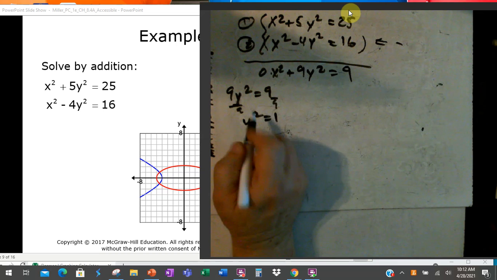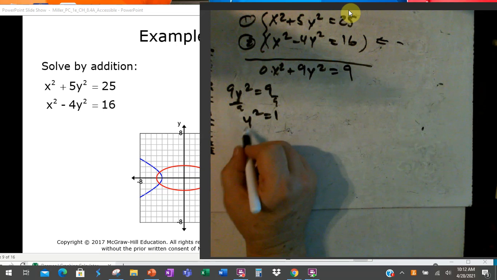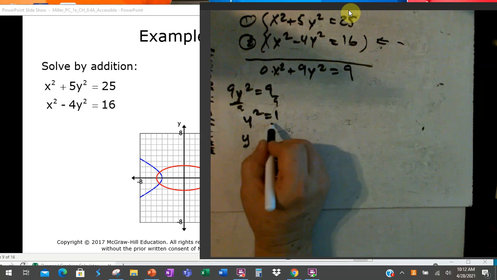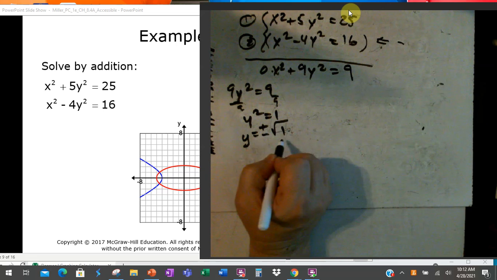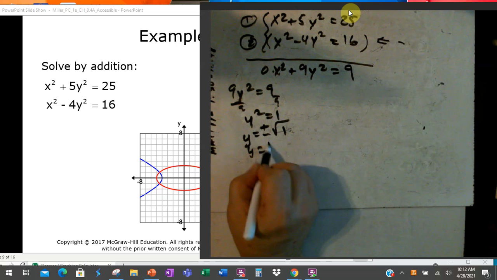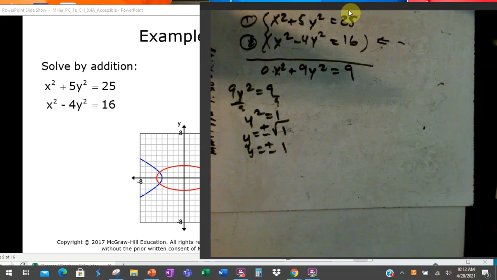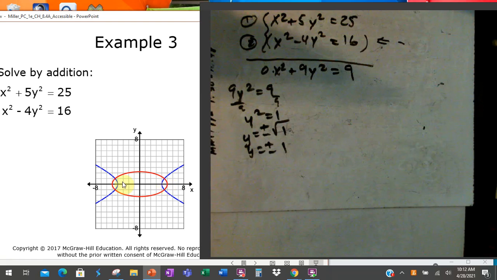9 over 9. And then I don't care about y squared. I want y. So I take the square root of both sides, plus or minus. So y is equal to plus or minus 1. And if I go over here, and if I look, I see that plus 1 and minus 1. But look, I'm going to have 2 versions of x.